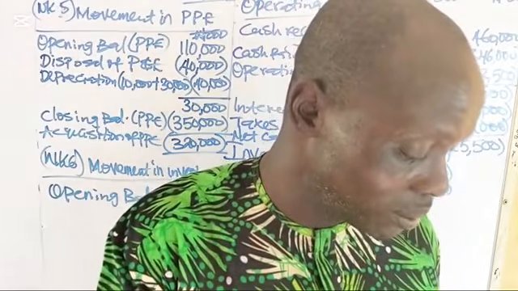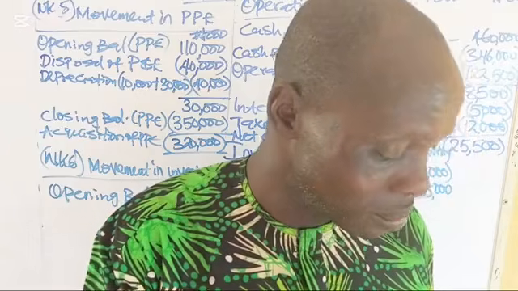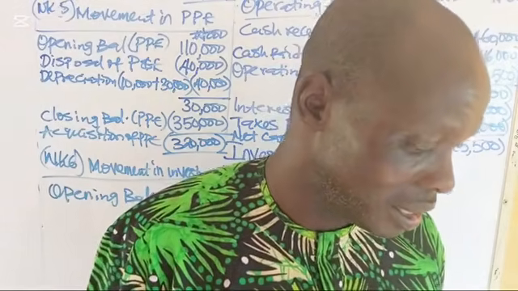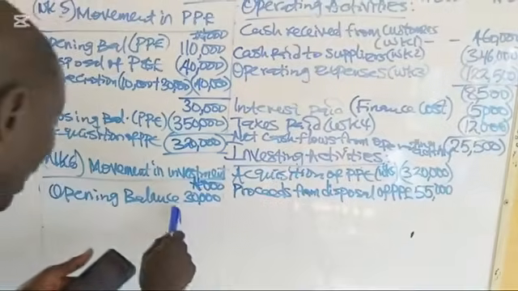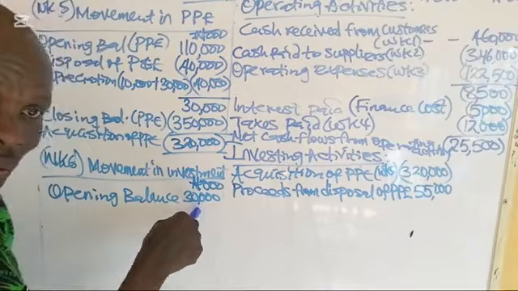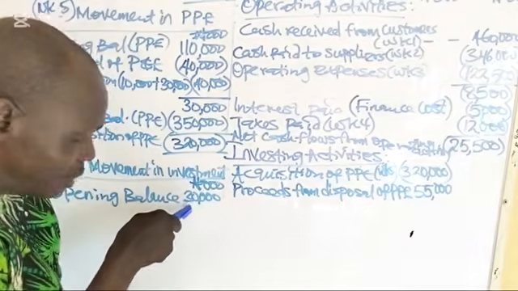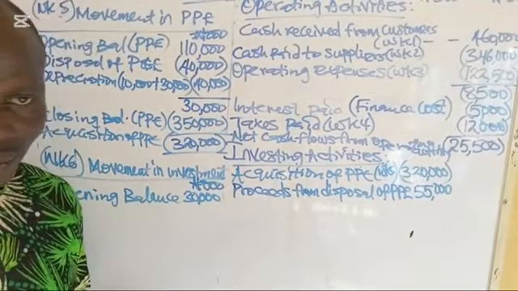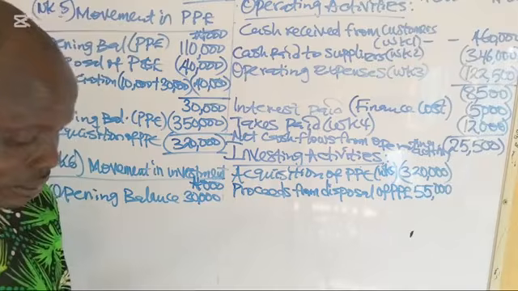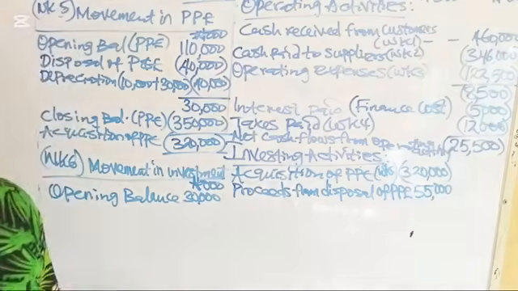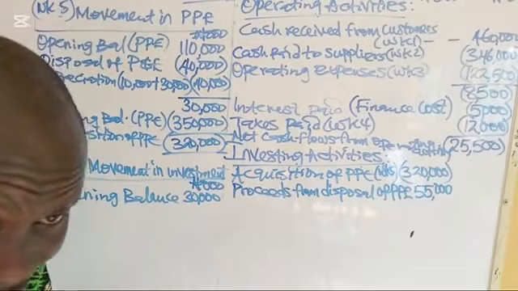The profit or loss on disposal was charged to administrative expenses. So, this investment here, what is this value? The value of 30,000 here, do we depreciate investment?